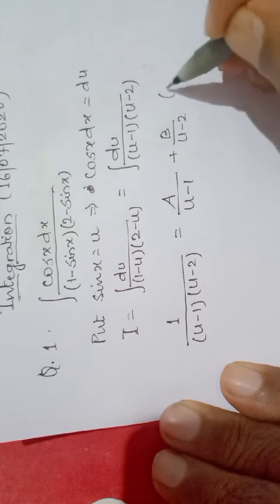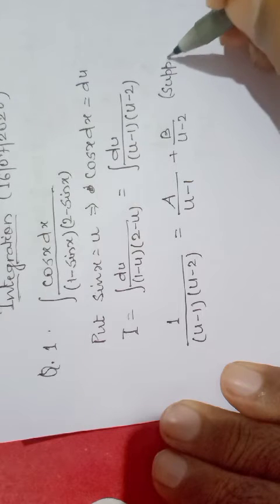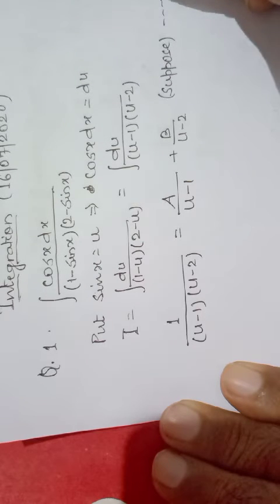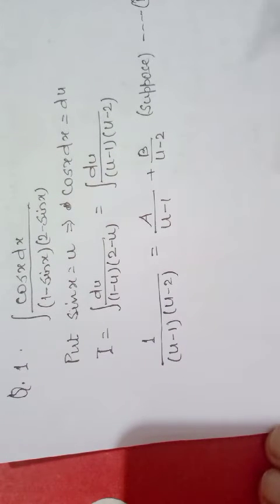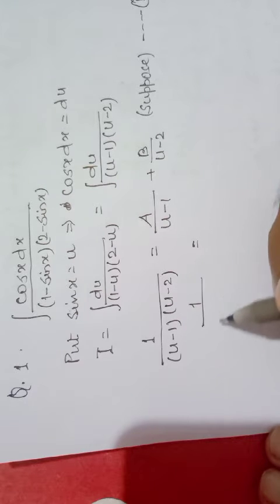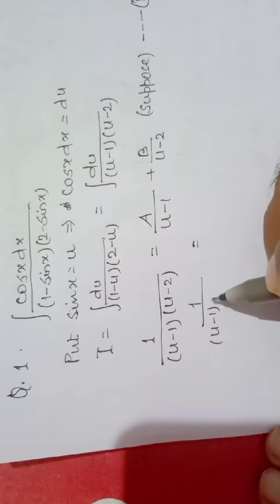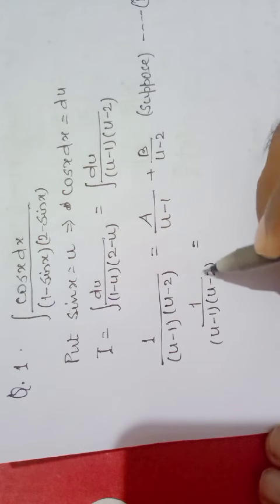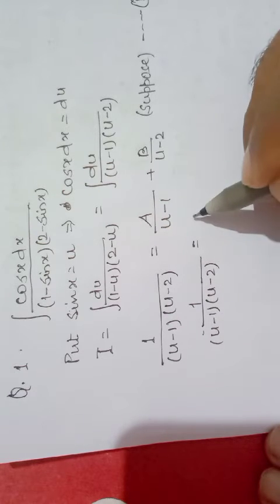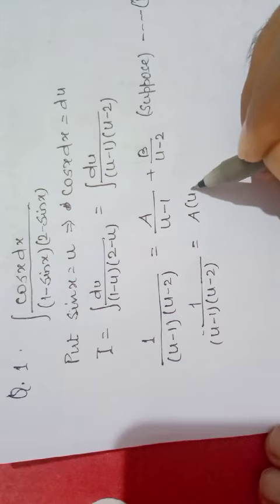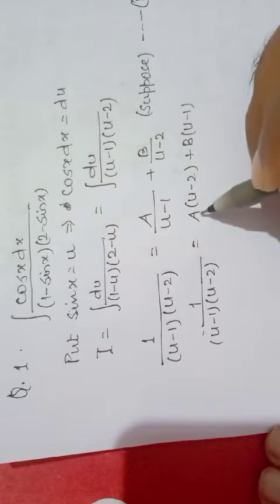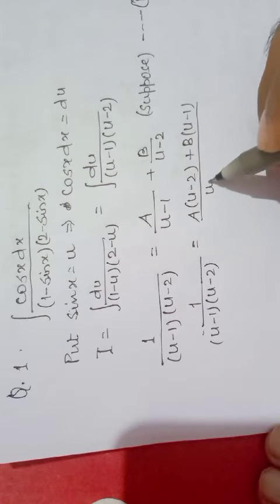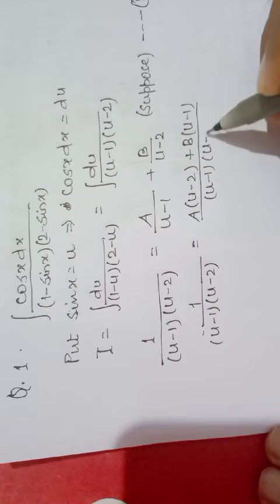Write here suppose and consider it as equation number 1. Now take out the LCM. So after taking the LCM, the left side remains the same, (u minus 1) into (u minus 2), and in the right side we have A into (u minus 2) plus B into (u minus 1) upon (u minus 1) into (u minus 2).